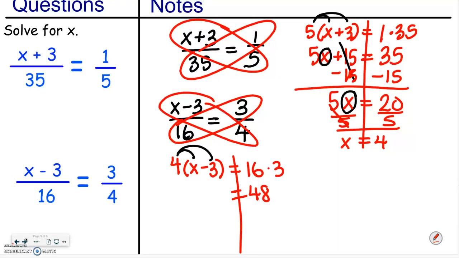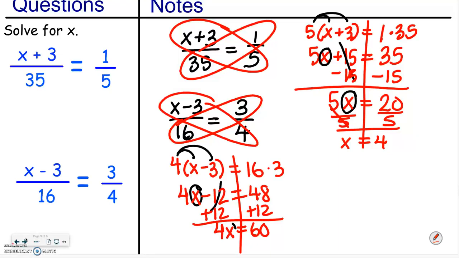Distribute the 4, you get 4x minus 12. I circle my x, add 12 on both sides. So 4x equals 60. And last step, divide by 4. 60 divided by 4 is 15.